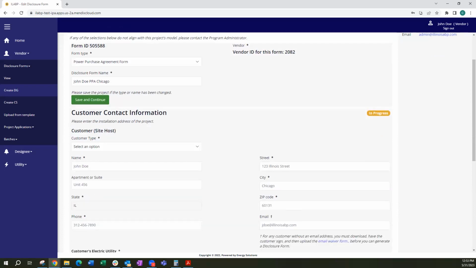Section 1, Customer Contact Information. This section of the disclosure form asks about the customer or site host, including the customer type, such as residential, small commercial, large commercial, industrial, or public school, the site host name and contact information, and the installation address of the project. Please note that the state is hard-coded as Illinois.